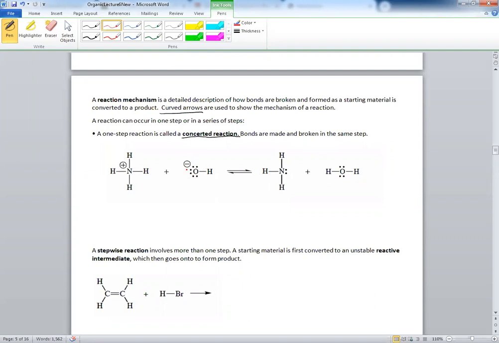Well, the only explanation, as we did in the acid-base chapter, is that this lone pair formed a bond with H, but since H cannot form more than one bond, these electrons went back to N.